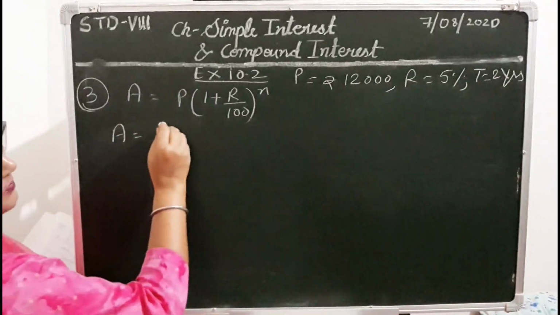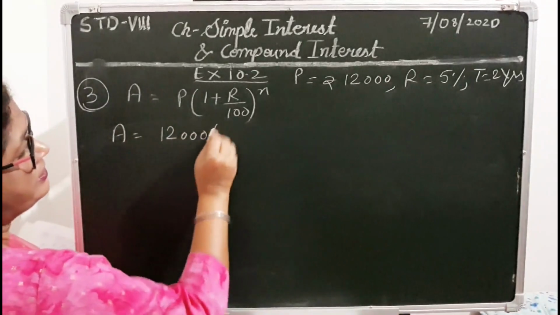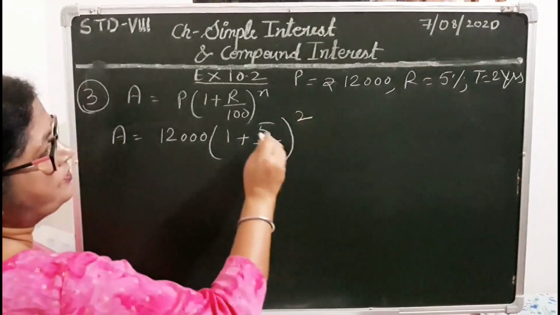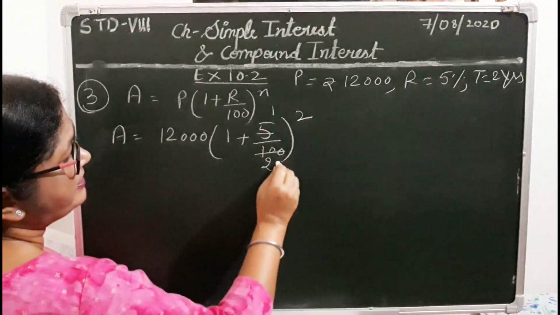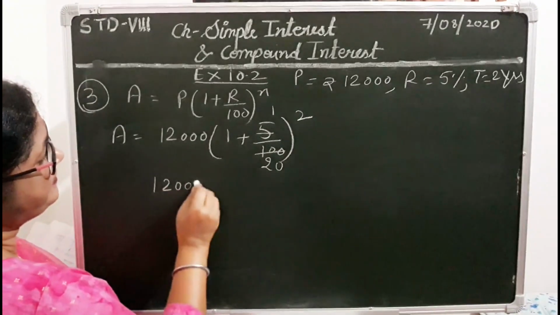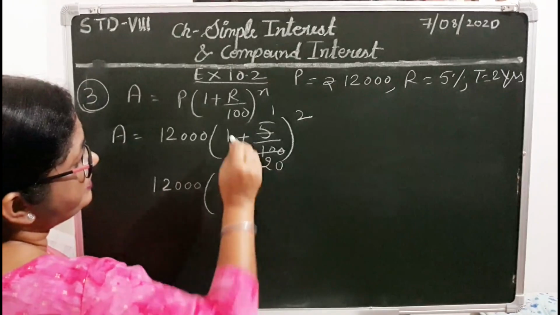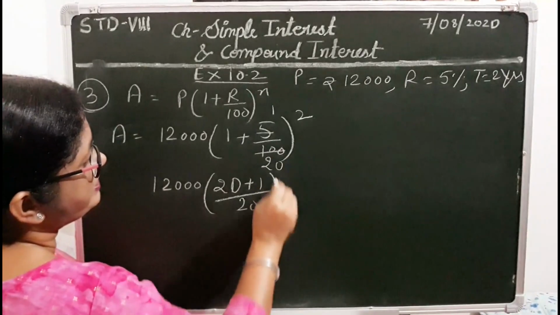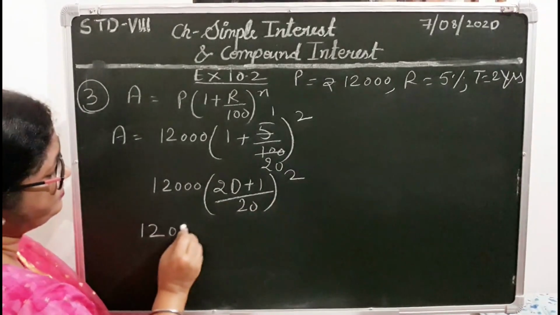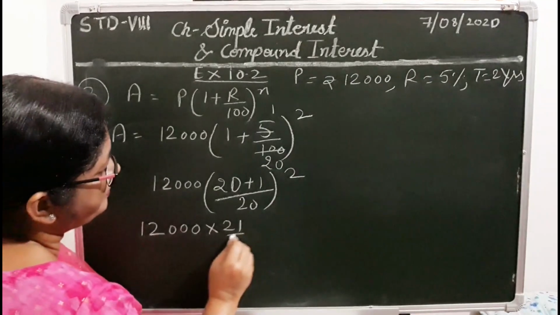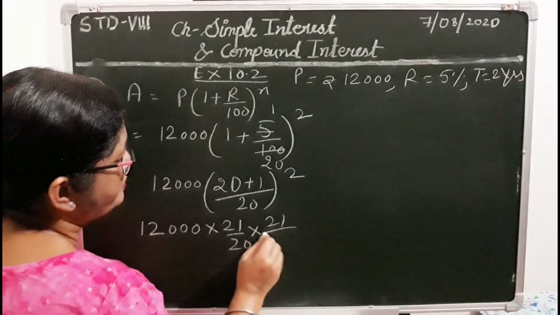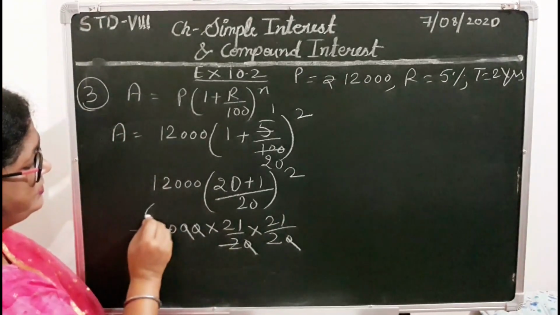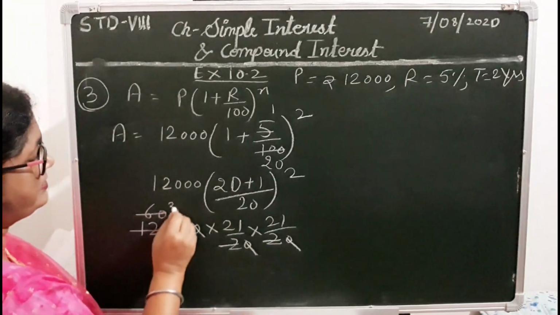Amount is equal to P, 12,000, 1 plus 5 over 100, to the power of 2. 5 ones are 5, 5 twos are 10. 12,000, 1 and 20 ones are 20, 1 over 20. 12,000, 21 over 20, 21 over 20. 2 6s are 12 and 2 3s are 6.